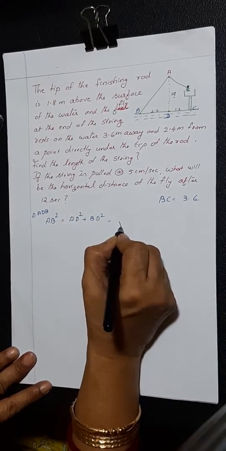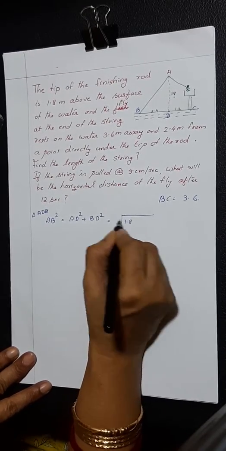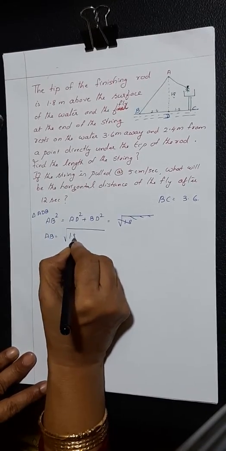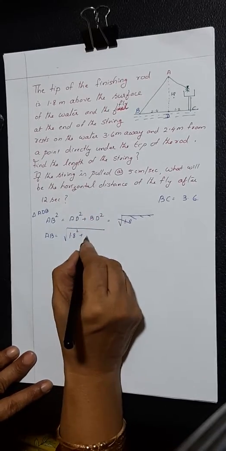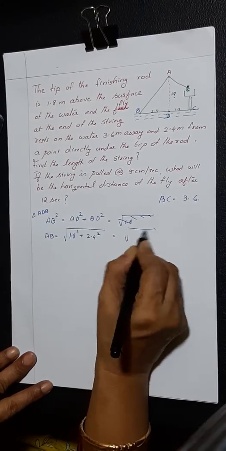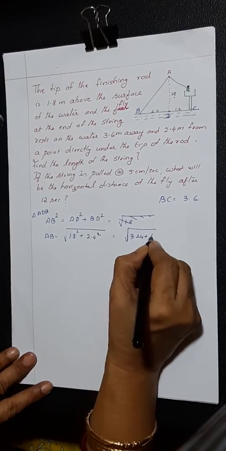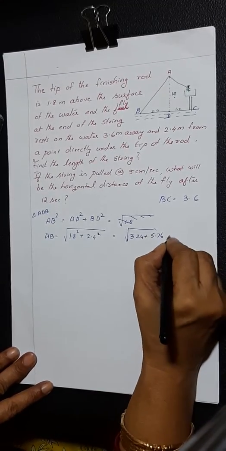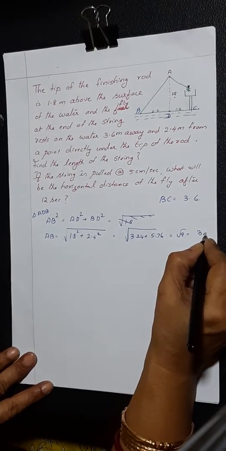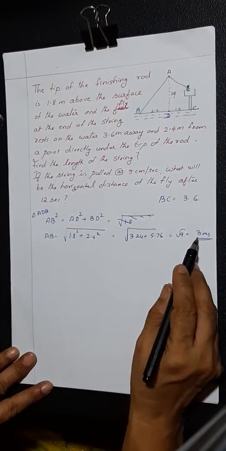So AB is equal to root of 1.8 squared plus 2.4 squared, which is 3.24 plus 5.76, so root 9 is equal to 3 meters. So the length of the string is 3 meters.